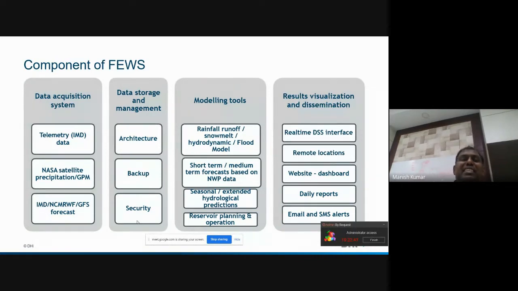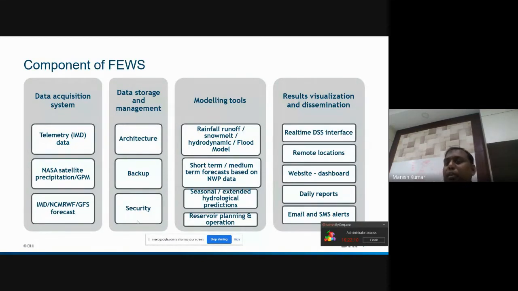Then the flow structure: how this data import will take place from one server to another server, how this flow structure will be maintained, because it also requires dissemination. Then firewall, its safety and security needs to be maintained, and there should be some backup system, so that if something happens in the data center, it can be restored easily. So with this concept, you need a management system.